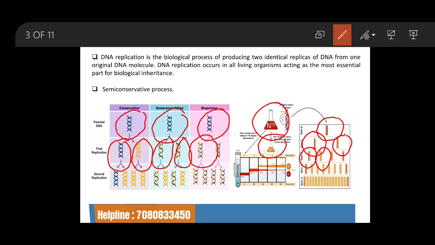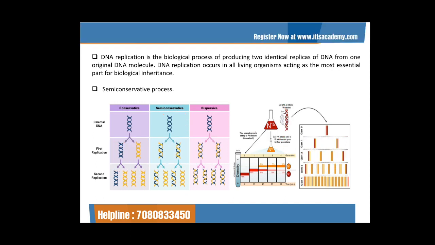And if DNA replication was done in a dispersive way, then in generation 2 they would have found both hybrids, but they found one hybrid and one N14 N14. So from the experiment of Meselson and Stahl, we can conclude that DNA replication is done in a semi-conservative way.